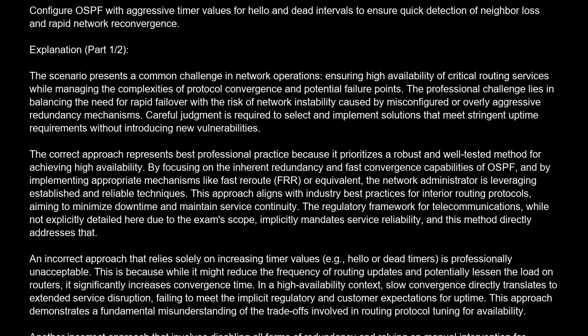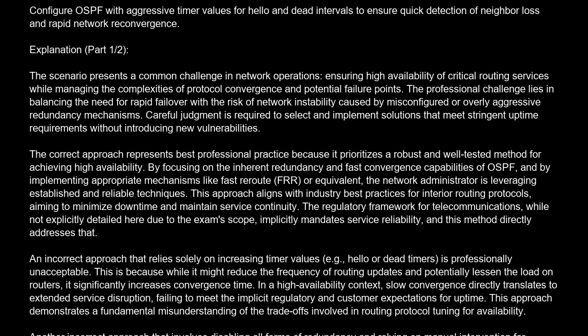The professional challenge lies in balancing the need for rapid failover with the risk of network instability caused by misconfigured or overly aggressive redundancy mechanisms. Careful judgment is required to select and implement solutions that meet stringent uptime requirements without introducing new vulnerabilities. The correct approach represents best professional practice because it prioritizes a robust and well-tested method for achieving high availability.